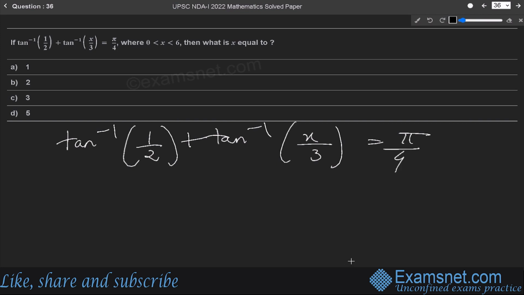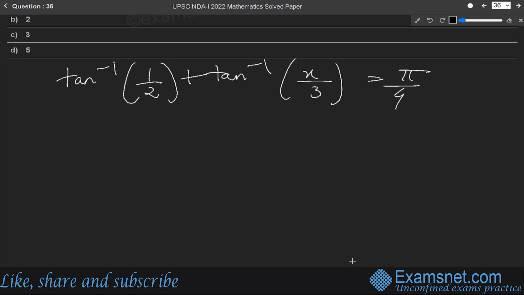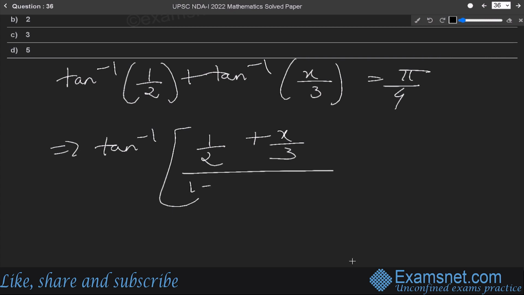Now we can use a formula: tan inverse a plus tan inverse b is equal to tan inverse of (a plus b) upon (1 minus ab). It is equal to pi by 4.